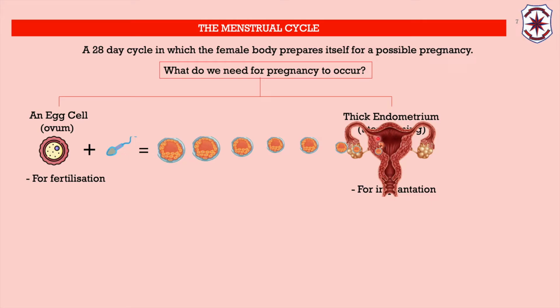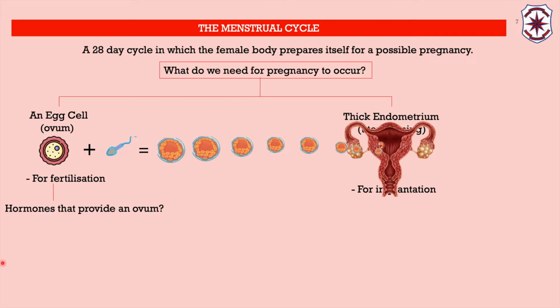And for that to happen, the endometrium must be thick. So we need an ovum for fertilization and we need a thick endometrium for implantation. That's where the blastocyst will attach itself for the 9-month pregnancy period in human beings.